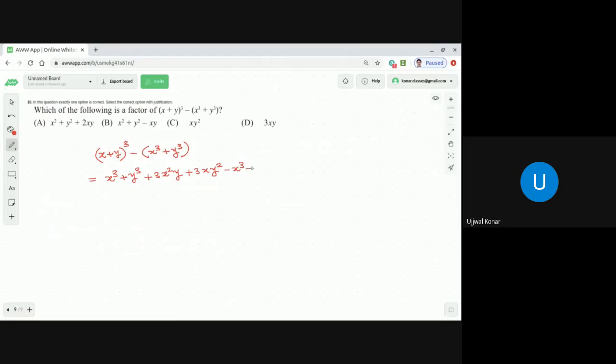Minus x cube minus y cube. So x cube minus x cube cancelled, y cube minus y cube cancelled. From here, what we get is 3xy into (x plus y). Then 3xy is a factor, no?